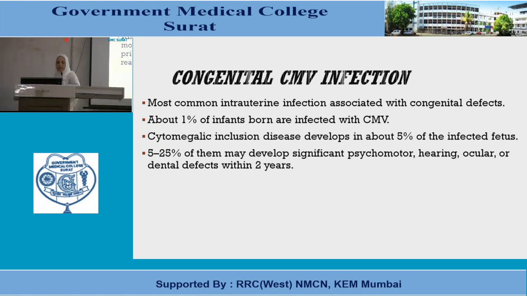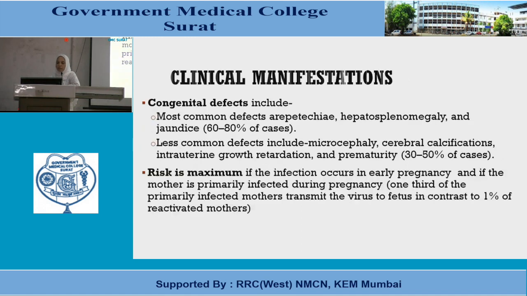The other congenital defects most commonly seen are petechiae, hepatosplenomegaly, and jaundice in 60 to 80% of cases. Less common defects can be microcephaly, cerebral calcification, intrauterine growth retardation, and prematurity, around 30 to 50%.